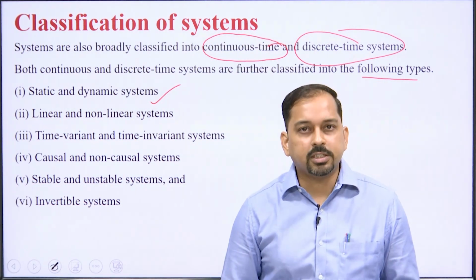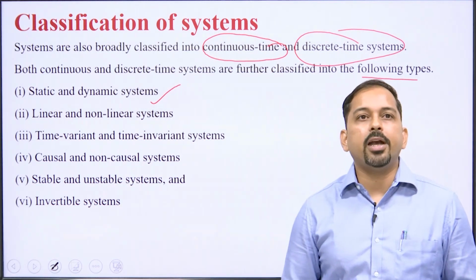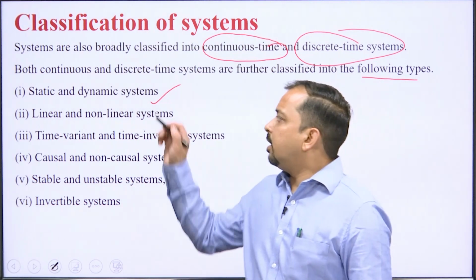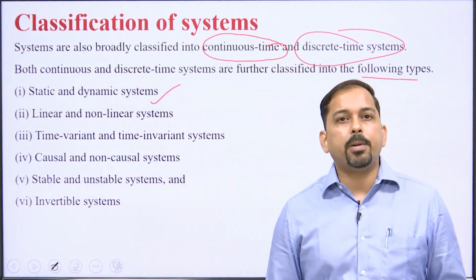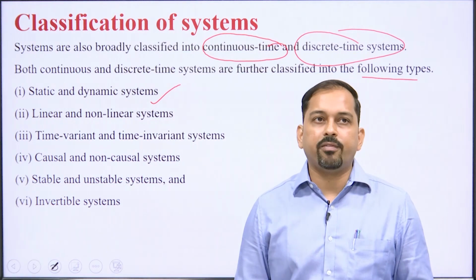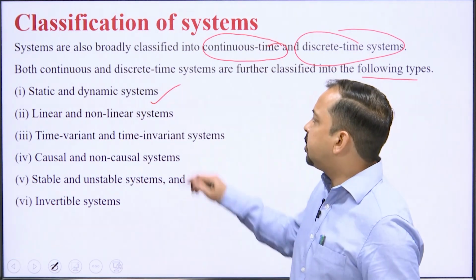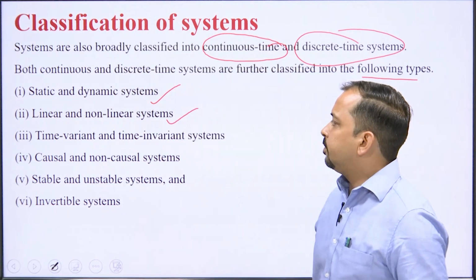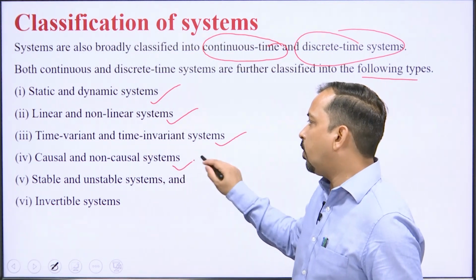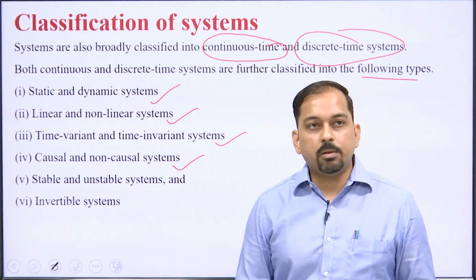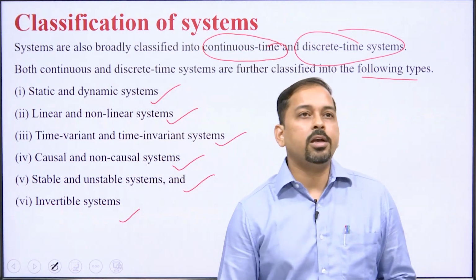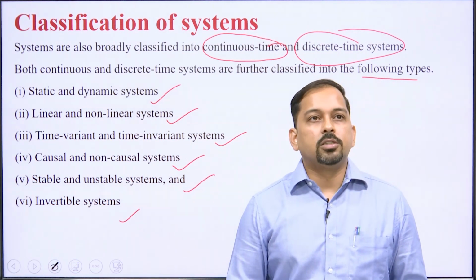As the name suggests, static means that if the present output depends upon the present input, then it is called a static system. We will see the definitions. The next classification is linear and non-linear. We have time variant and invariant, causal and non-causal systems, stable and unstable systems, and finally invertible and non-invertible systems.